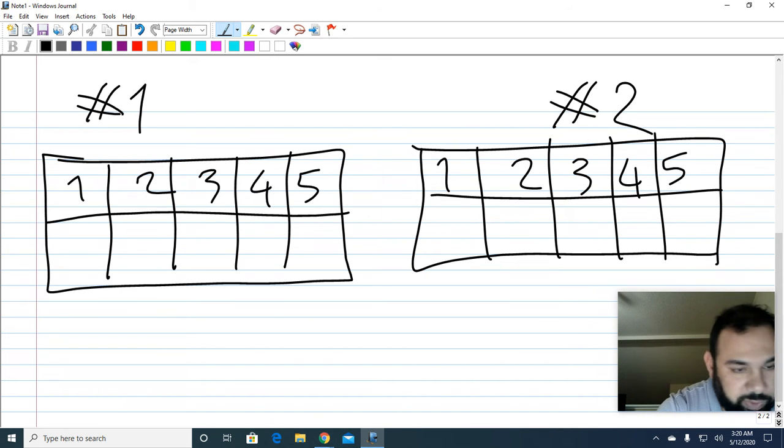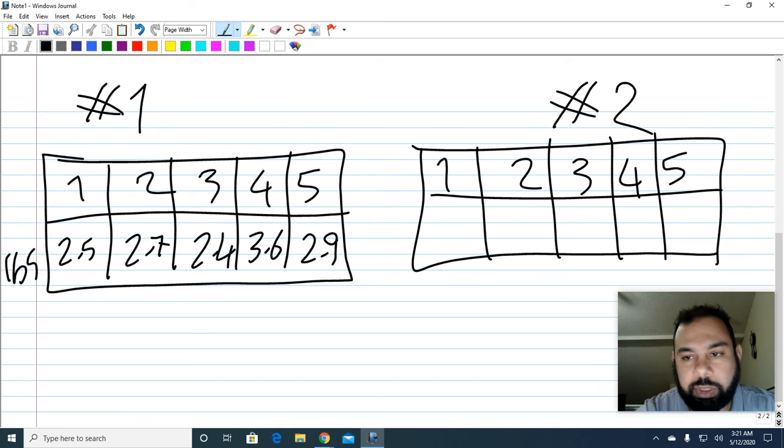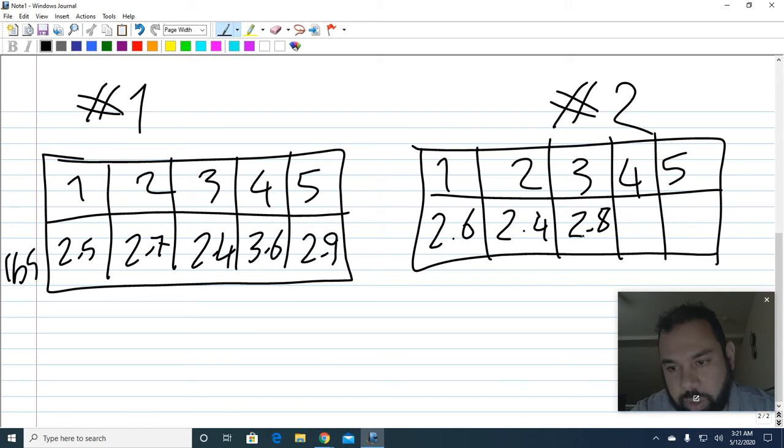Anyway, with food number one, with fertilizer number one, whatever, let's say the cats' weights in pounds were 2.5, 2.7, 2.4, 3.6, and 2.9. For food type 2, the weights of these cats are 2.6, 2.4, 2.8, 2.5, and 2.7.